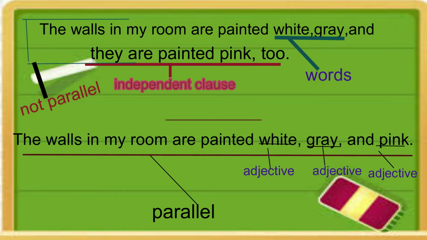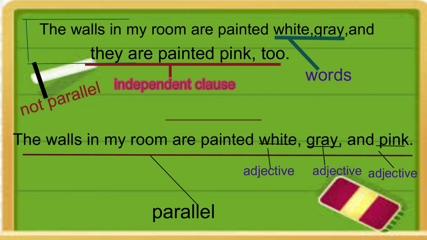Let's have the example in your module. The walls in my room are painted white, gray, and they are painted pink too. This is not a parallel statement. Why? Because white and gray are single words.